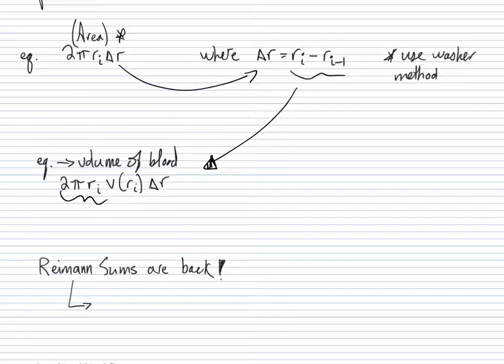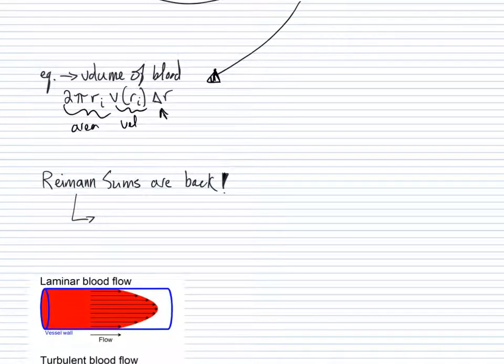Where we keep our area right here, our velocity right here: velocity, area, and our delta R that we had discussed. Now we can use a Riemann sum to calculate the approximate volume of blood across a specific section. Unfortunately, some of us thought that Riemann sums would never appear again, but they keep coming back, as we saw earlier in the semester, and here.